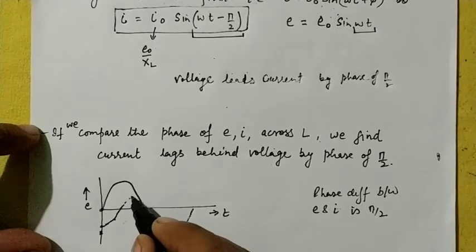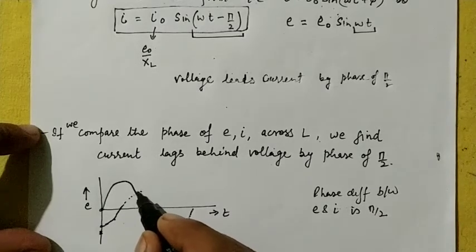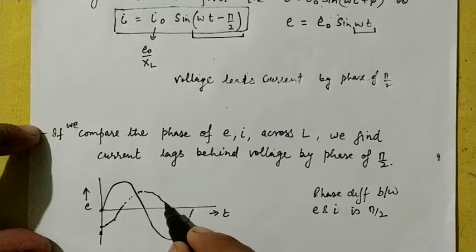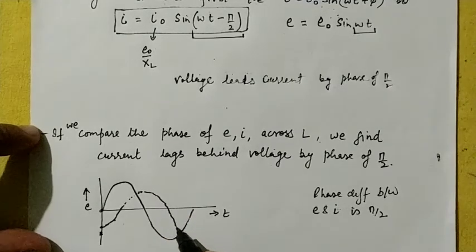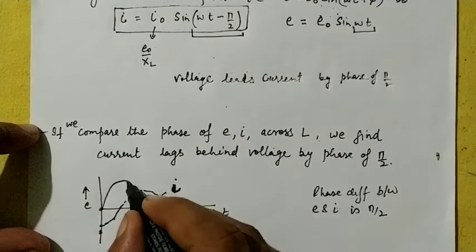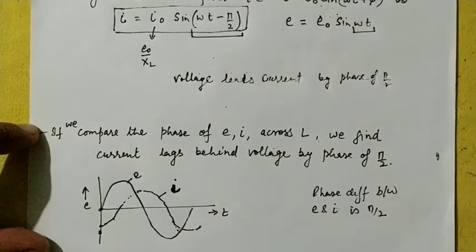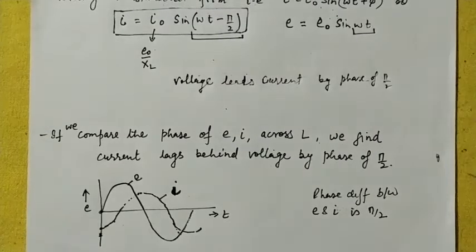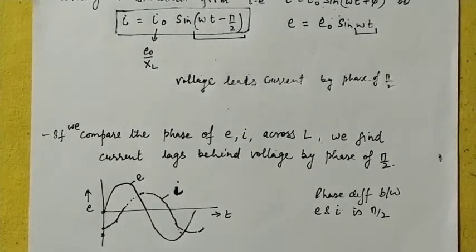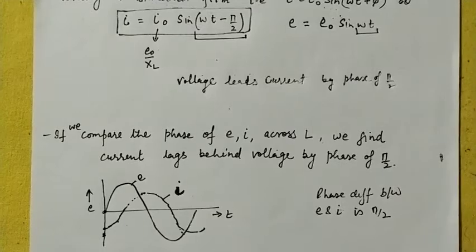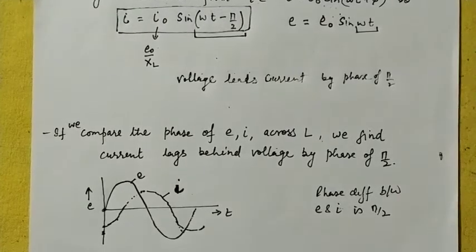So this is our current equation and this is our voltage equation. You can see here the current lags behind the voltage by the phase of pi by 2.